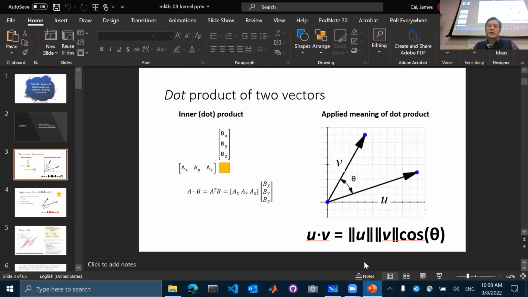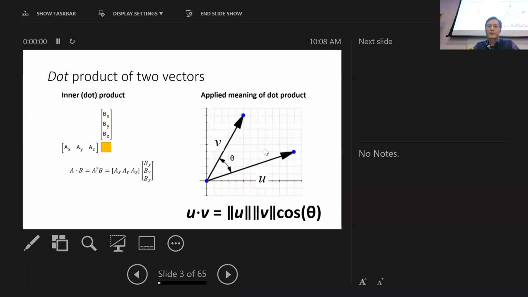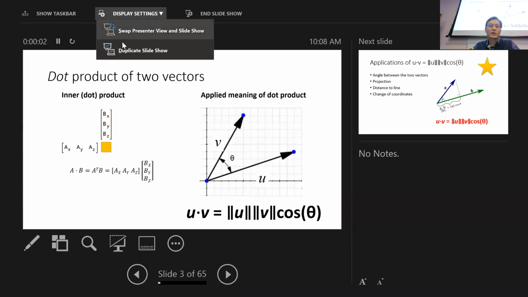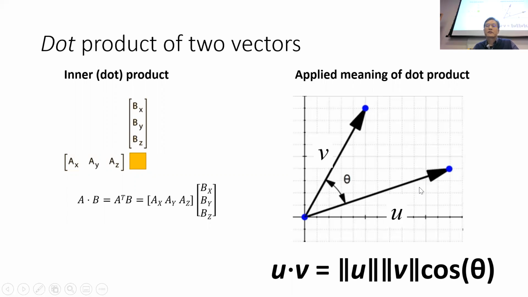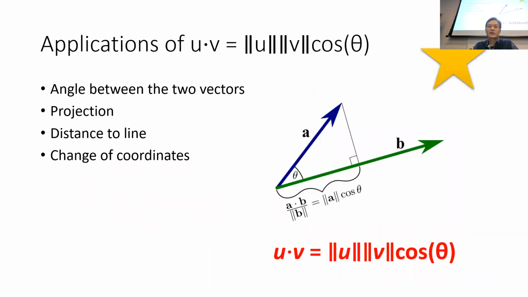And then next is how can we explain the dot product using a geometric interpretation. You can consider this as the projection of one vector onto another.